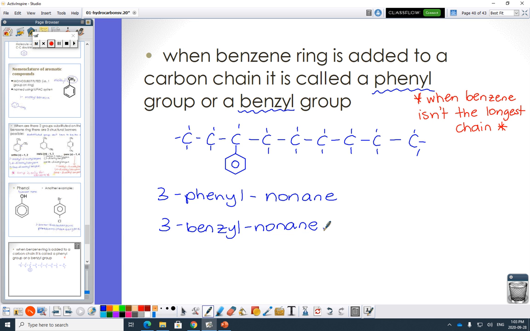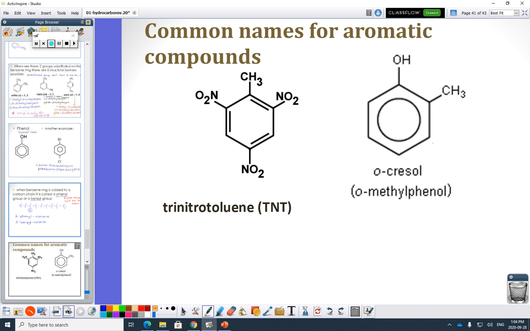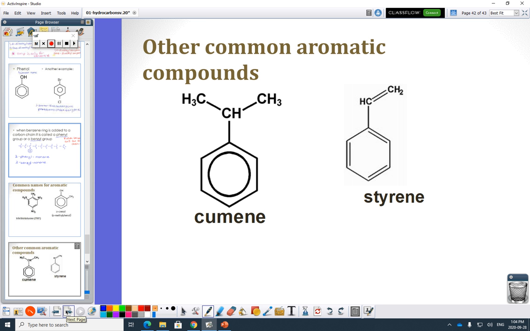Okay, so the next few slides are just common ones that you don't have to memorize. Trinitrotoluene is TNT, so it's a type of explosive. So again, a very unfriendly molecule. O-cresol is used as a preservative in medications sometimes, again, to make sure bacteria doesn't grow.